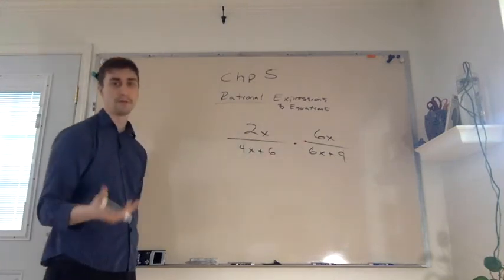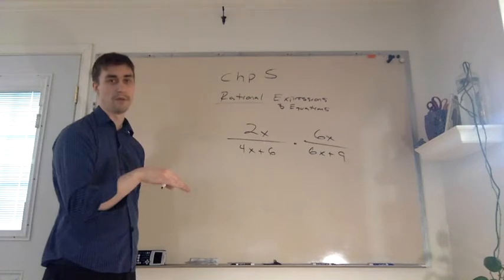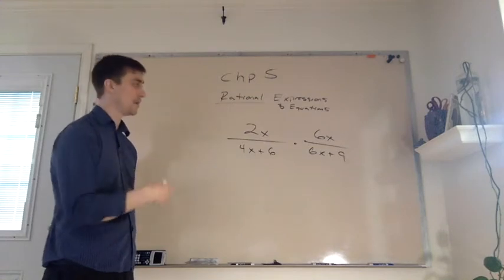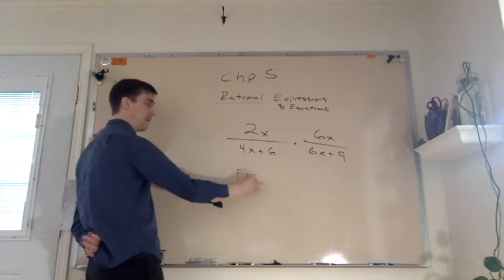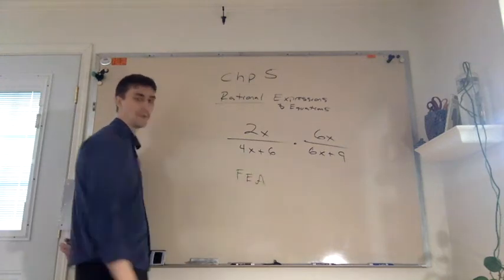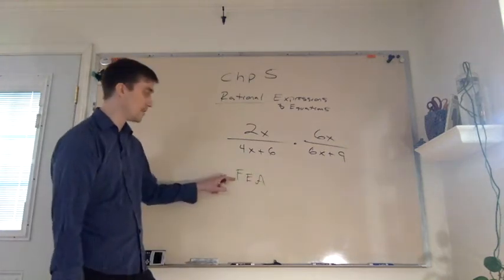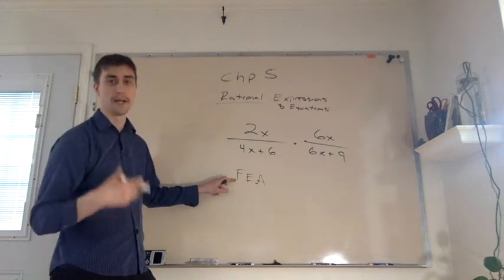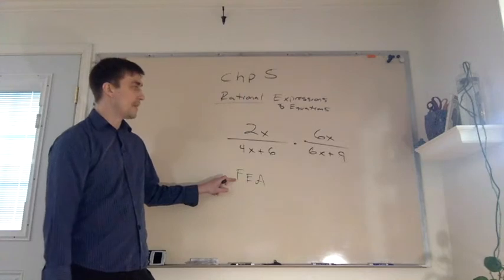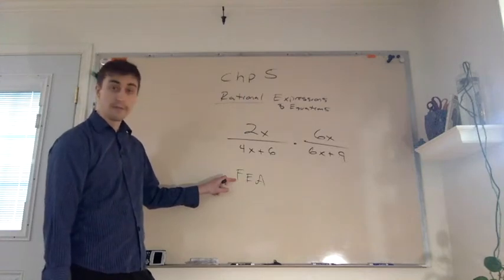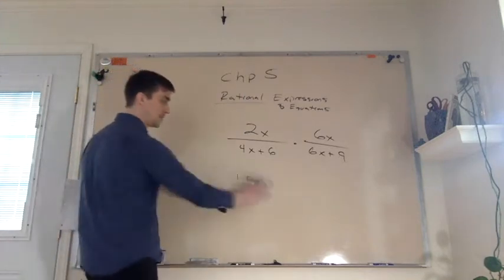To do fraction multiplication, you multiply the tops and you multiply the bottoms. Although, when it comes to algebra, I think the best thing to do is to factor everything, always. This is just something that I always do. You factor everything and then make a judgment call at that point. It's kind of like a pre-simplification, if you will.